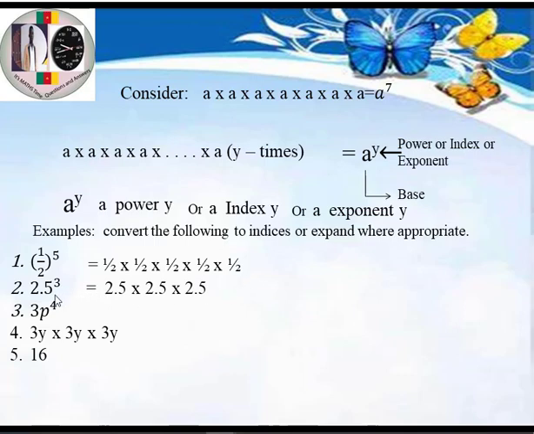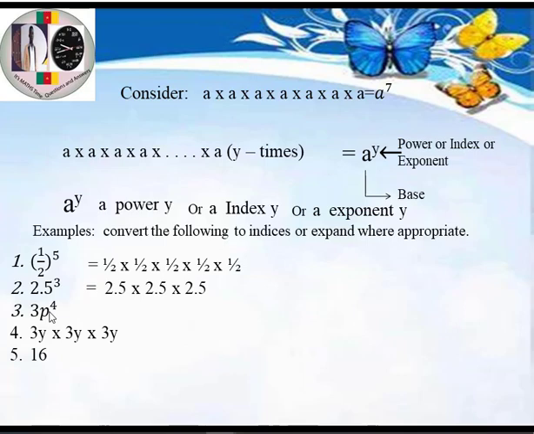And 3p power 4: if you look carefully, 3 is not raised to the power 4, so we cannot say 3p times 3p times 3p times 3p. We factor out 3 and expand p power 4, which is p times p times p times p.